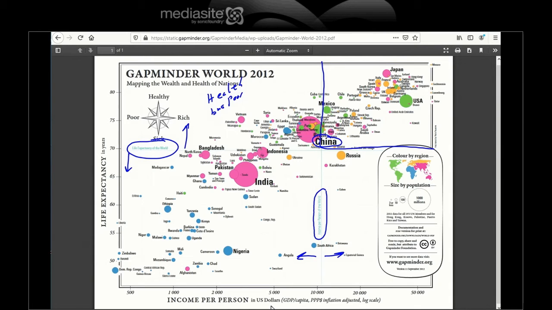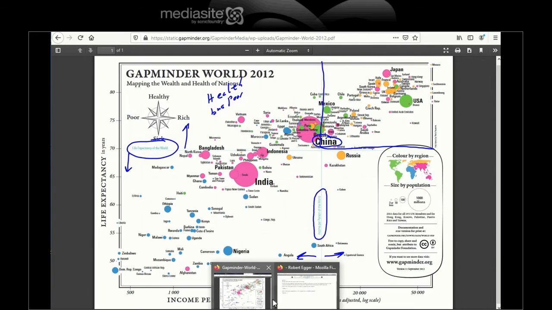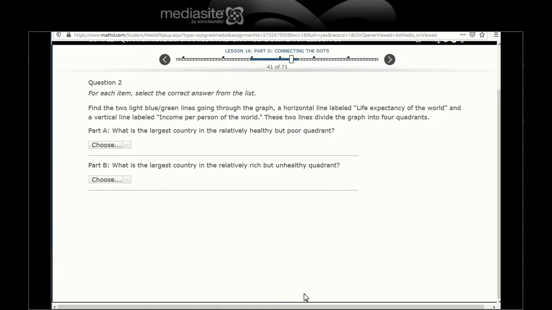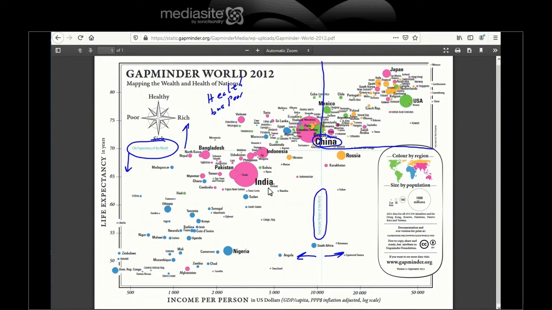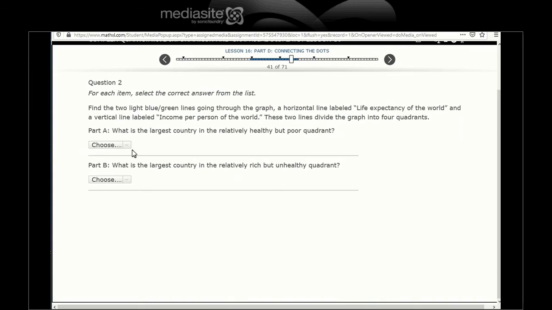Did I read the question wrong? Healthy but poor. That is correct. So healthy but poor looks to be China. They're close to being wealthy. This is a few years old. This is 8 years ago. So China.